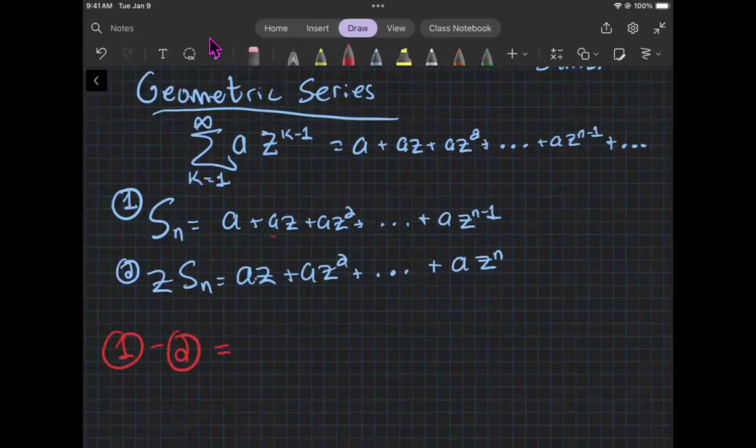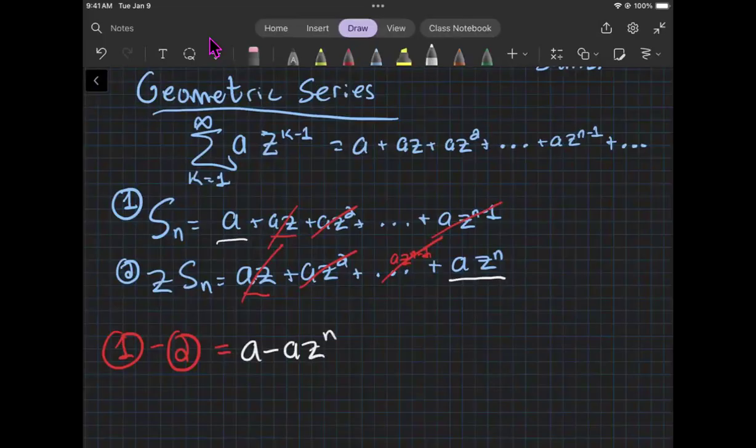So the az up here will cancel with this az down here, right? The a times z squared terms in the first and the second equations will cancel, on up to the a times z^(n-1) term. And we are left with two terms, this constant a and this term, a times z to the n. So this will be a minus a times z to the n.